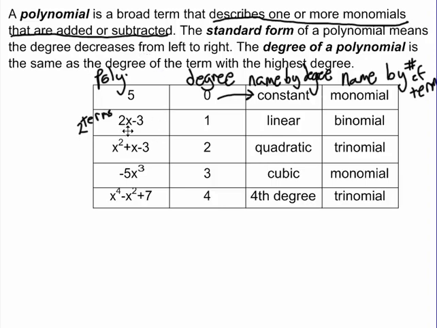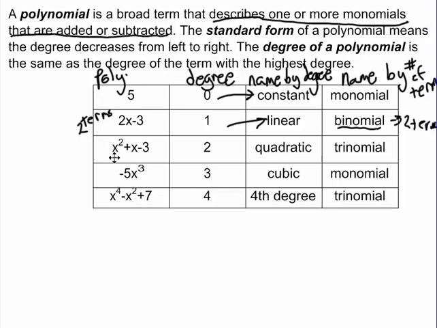So I have 1, 2, separated by minus. So two terms means it's a binomial. The degree is 1 because x is to the 1 power, which makes it a linear. We've done that, graphing lines, y equals mx plus b. We know that.